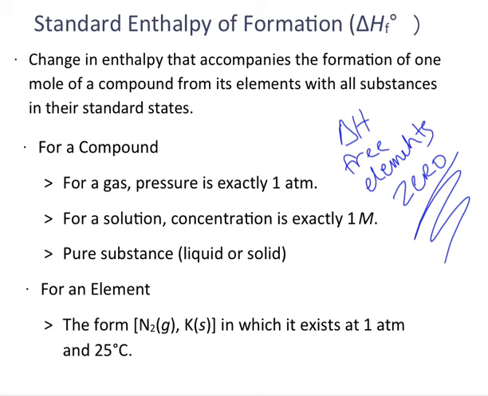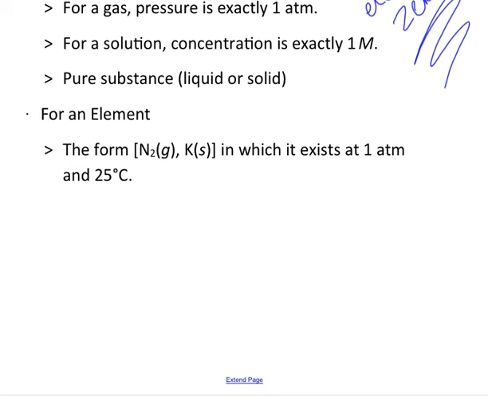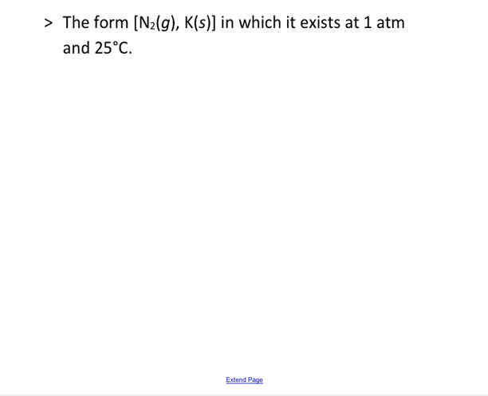But what I want to do is spend a minute writing some heats of formation equations with you guys. In your notes toward the end, you all have a table that looks like this, right? That table has a list of delta H's, a list of delta S's, and a list of delta G's. Those delta H's are all heat of formation values.